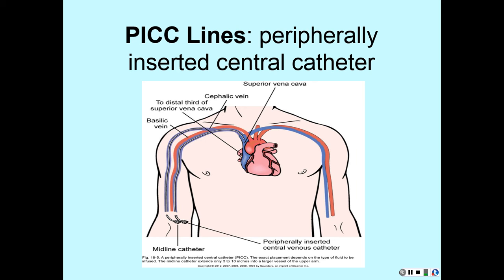And you can accidentally puncture an artery. There will be a notation by the person who put in the PICC line on how long the catheter is that was inserted, because these are long. These are 10 inches.